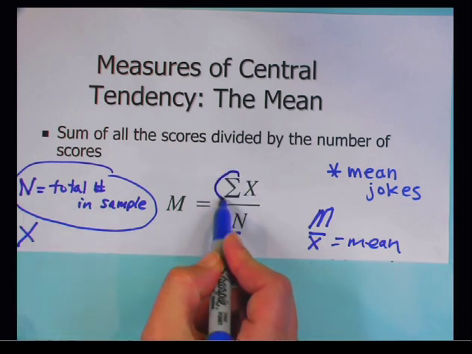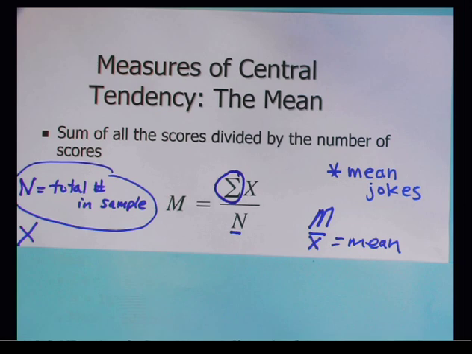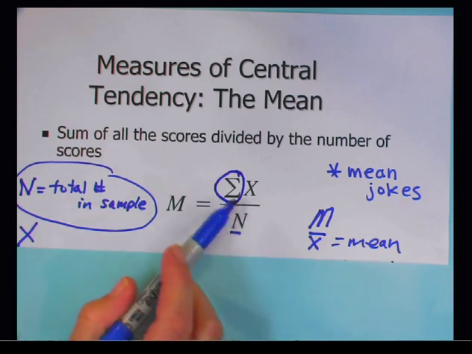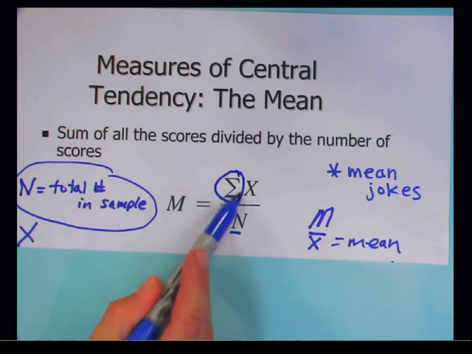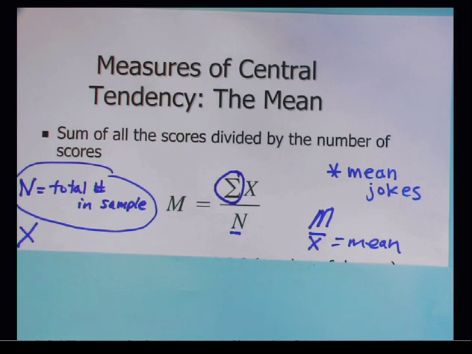This part of the formula is a symbol that means add or sum everything that follows it. It's really easy to remember. It kind of looks like the mouth of a hungry alligator. And so I just remember, the hungry alligator eats everything in front of it. You sum everything that comes after that hungry alligator.